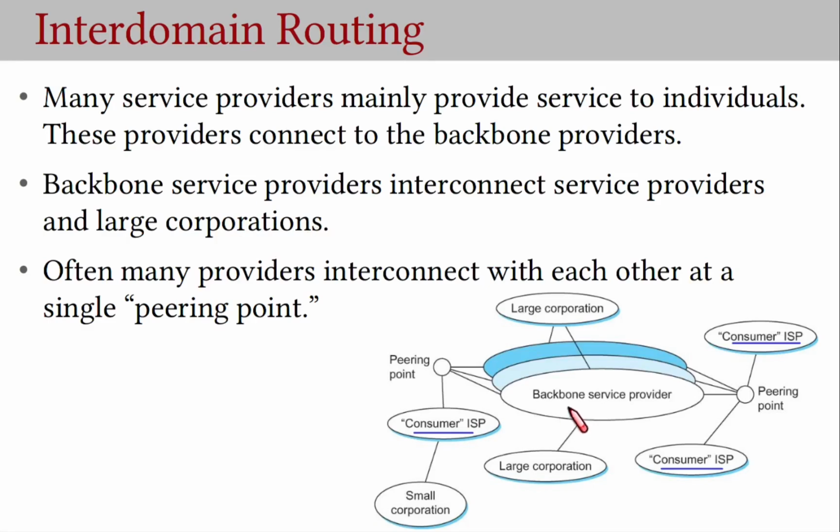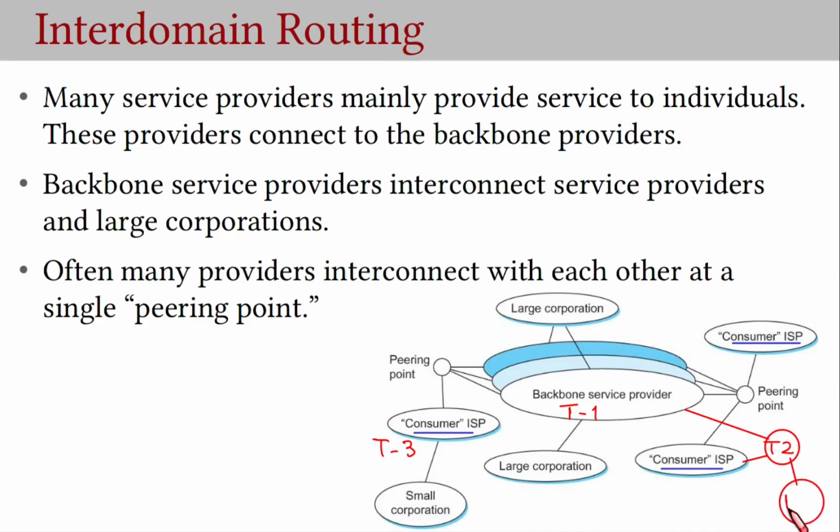And they are also called tier 1 or T1 service providers. And these consumer ISPs that connect to consumers or small businesses directly, they are actually tier 3 service providers. And there is also tier 2 service provider. And tier 2 service provider typically connects to a backbone service provider and then might provide services to several tier 3 ISPs, right?